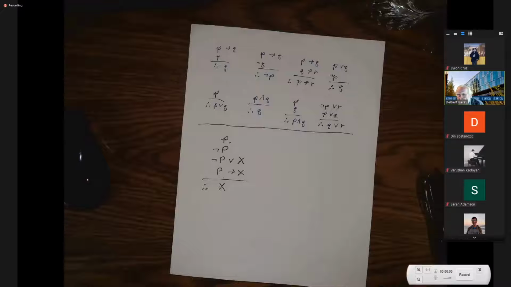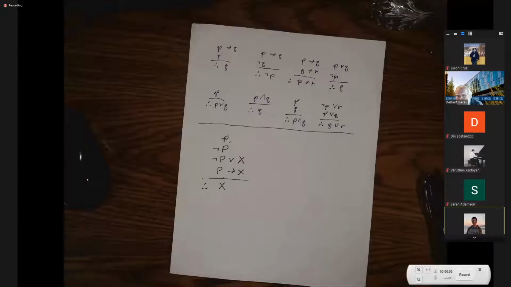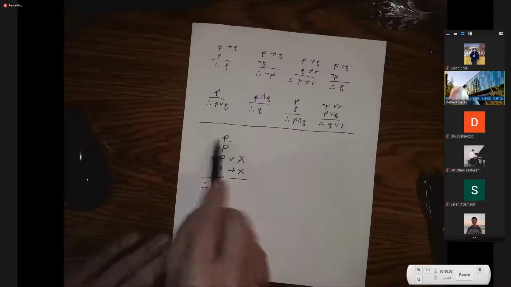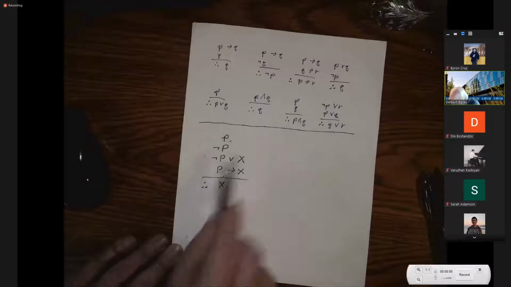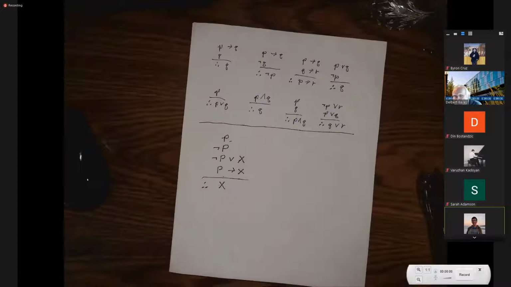What's the problem with this? X could be anything. You have P and not P on the first two lines. Yeah, this is a premise. P is true. Another premise is not P is true.